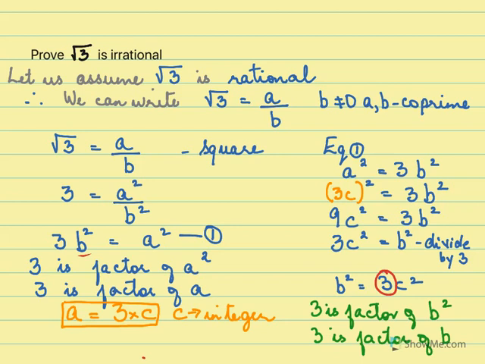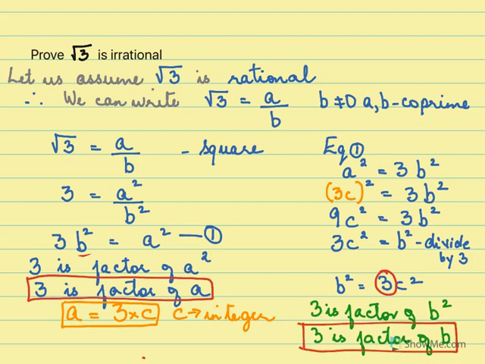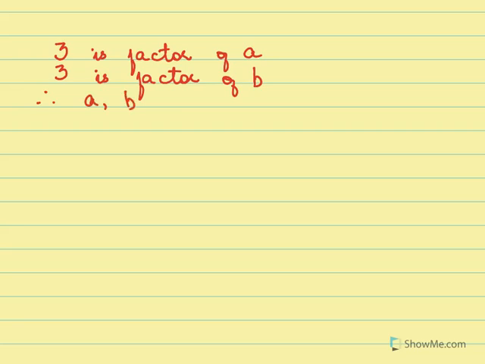So 3 is a factor of a and 3 is also a factor of b. Let me write that up. 3 is a factor of a and 3 also is a factor of b. So can I say a and b are co-prime? Definitely not. a and b are not co-prime.